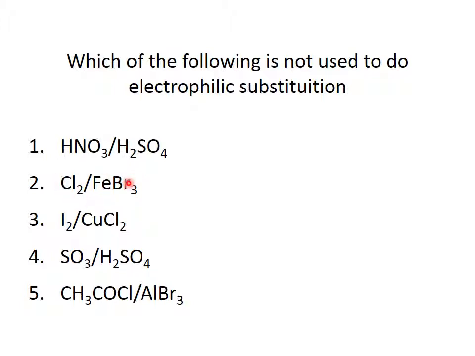I would want iron 3 chloride here instead. Here I have iodine and copper 2 chloride. That will give us iodination of the ring. These are the conditions to make the sulfonic acid. And here is a Friedel-Crafts acylation. The only one that doesn't look right is this one.